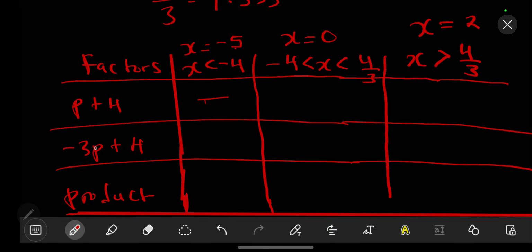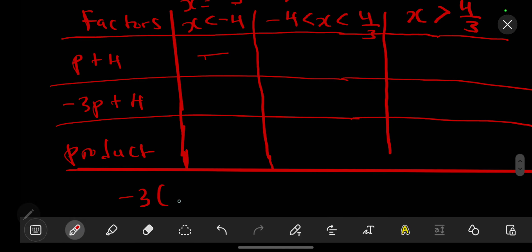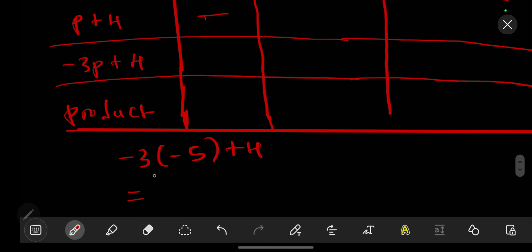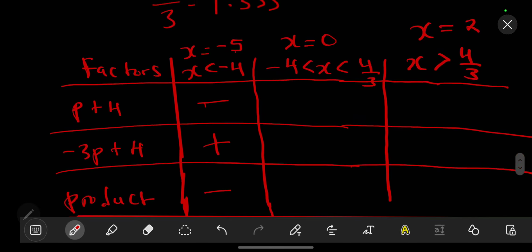Then if I put negative 5 in the other factor, negative 3 times negative 5 is 15, plus 4, which is equal to positive 19. So the fact that it's positive, I'm just going to say positive. Then we multiply for the product: negative times positive is a negative, like that.